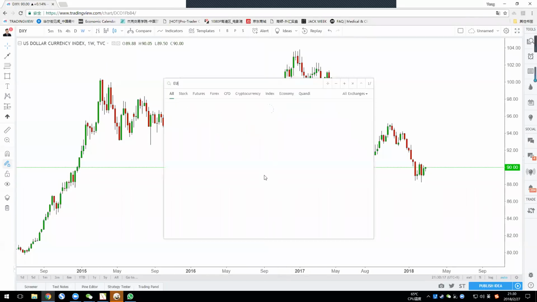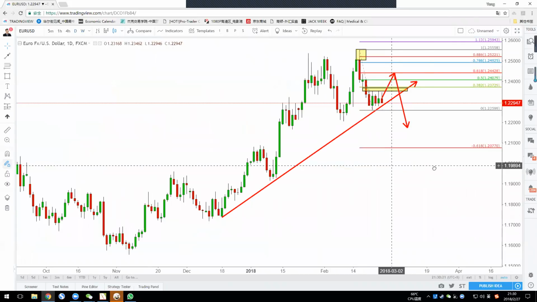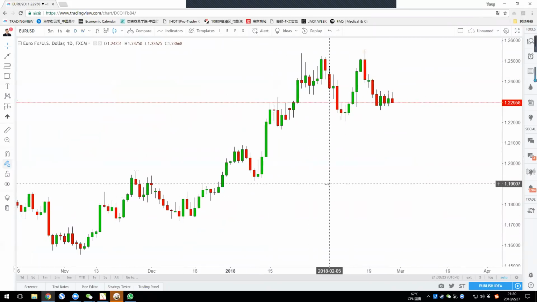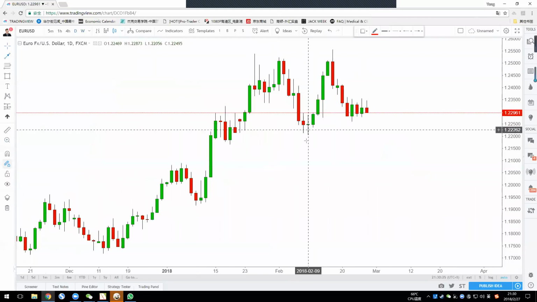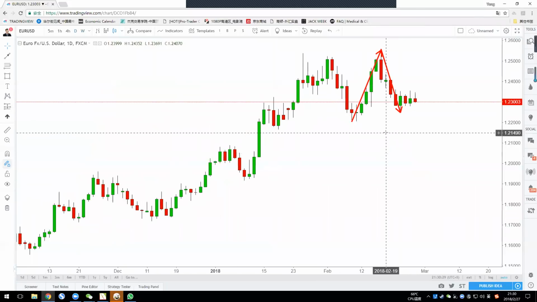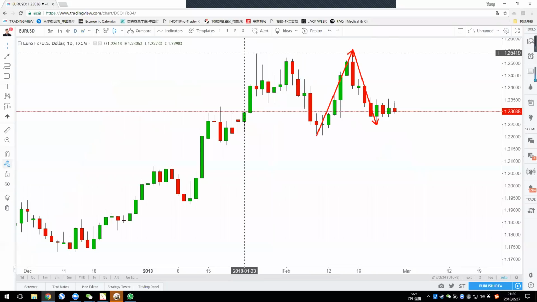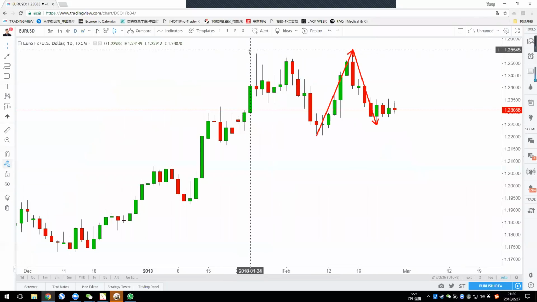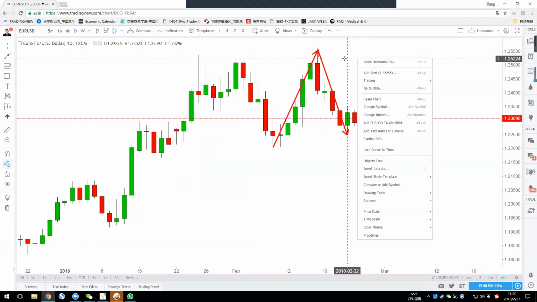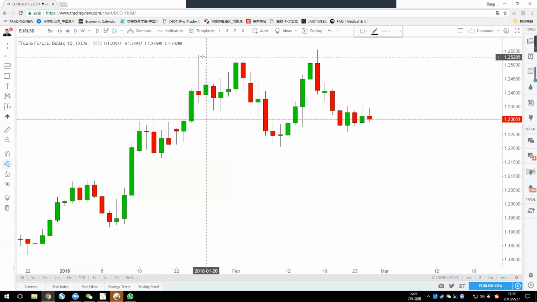Okay, let's look at euro dollar. Euro USD in the daily chart, you can see this is a very, very strong sell. Price rallied and almost broke the high of 1.2540, but then it formed a bearish engulfing candle here.